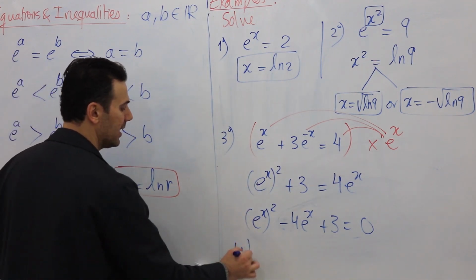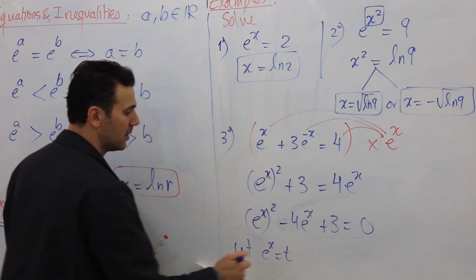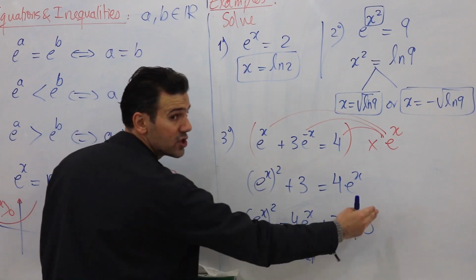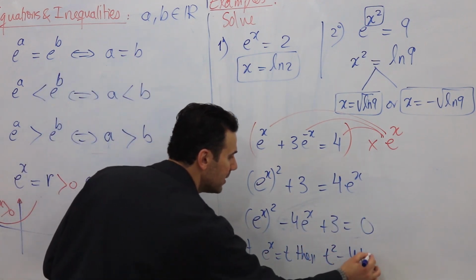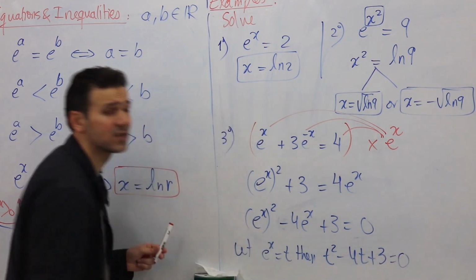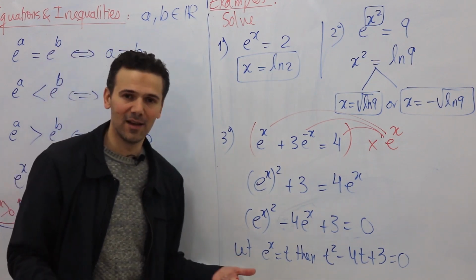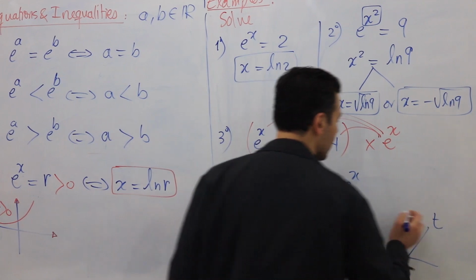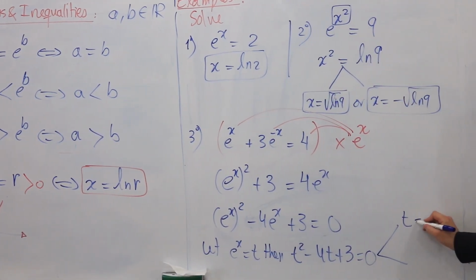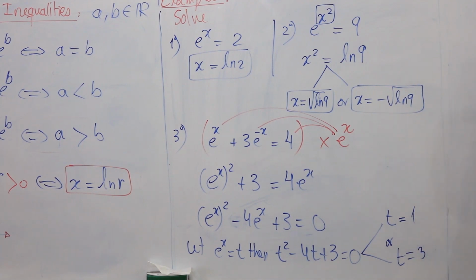If we let e^x equal t, then this equation has another form, which is t squared minus 4t plus 3 equals 0, which is quite simple, and you can, as you know, solve it using a calculator. By calculator, you can easily get t equal 1, or t equal 3.